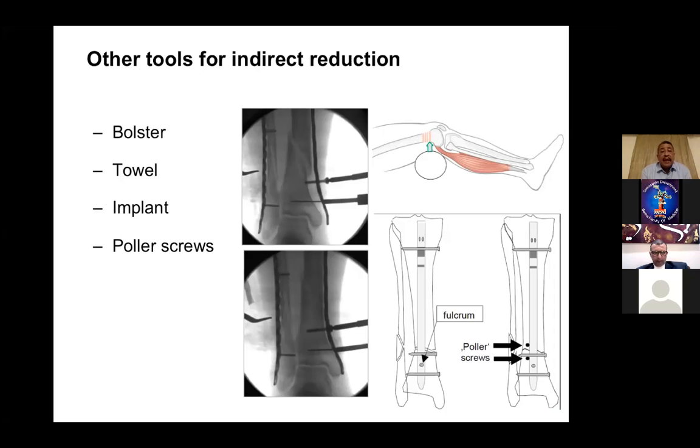You can use the implant as a reduction tool, as we can see here in this distal tibial fracture. The plate was used as a reduction tool, but this requires proper contouring of the plate. We can use the Poller screws in order to correct any axial malalignment during intramedullary nailing.